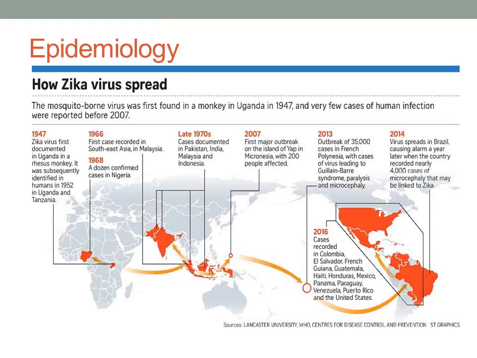Subsequent years saw the virus spread quickly through the Pacific Islands before landing in South America and Brazil in 2014, where there is a suspected correlation to an increase in the birth defect, microcephaly, and other serious conditions.